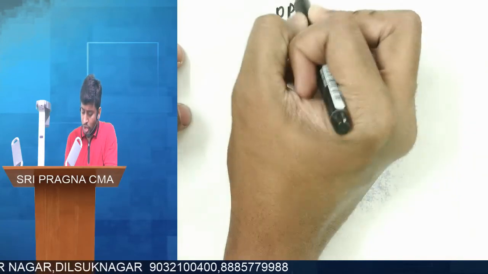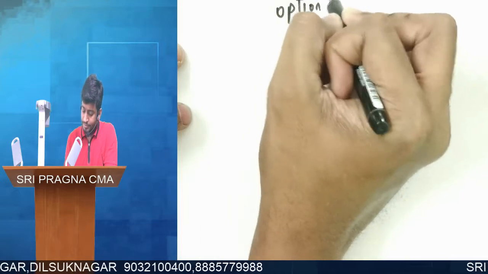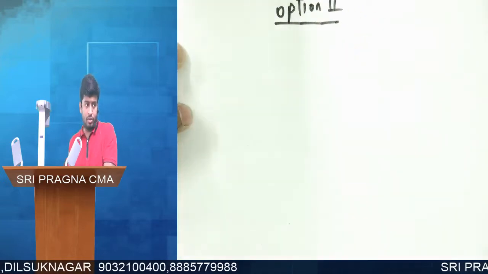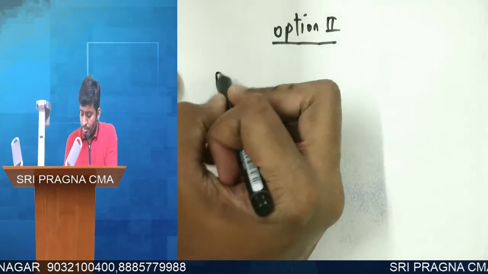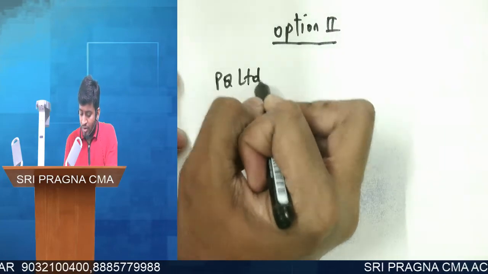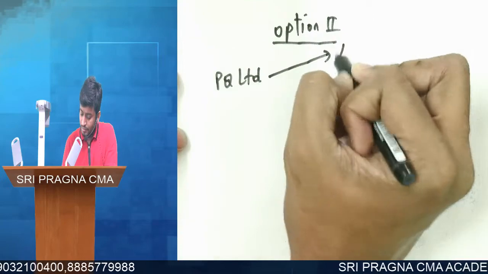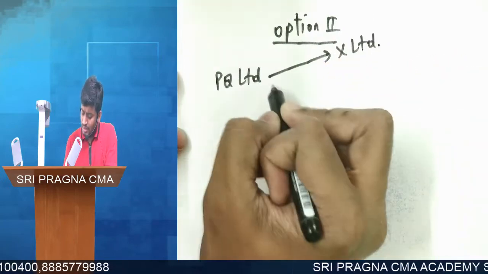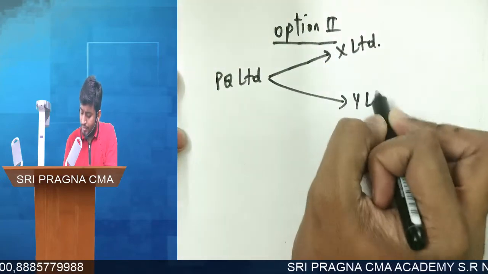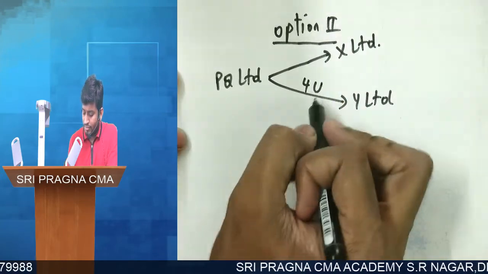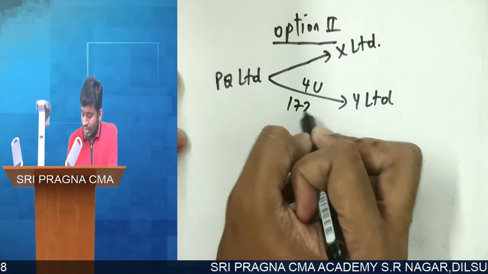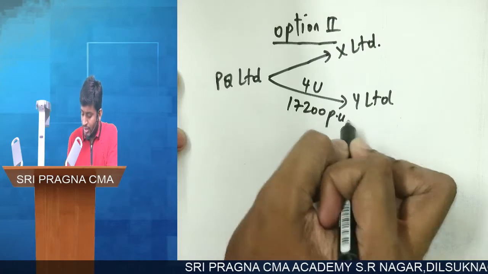What is he saying under option 2, listen. PQ Limited has an order from Y Limited also. Order will not change. 4 units at 17,200.